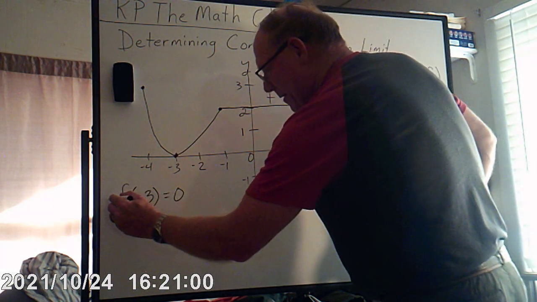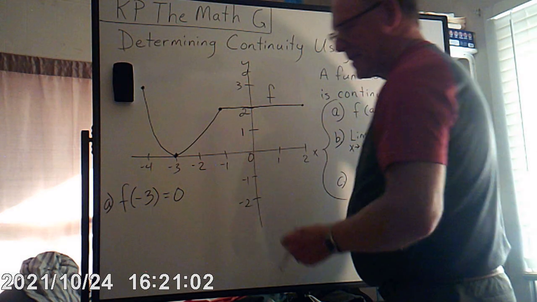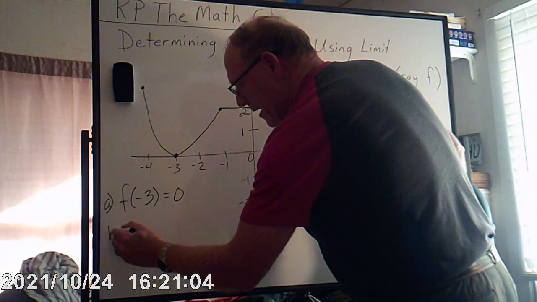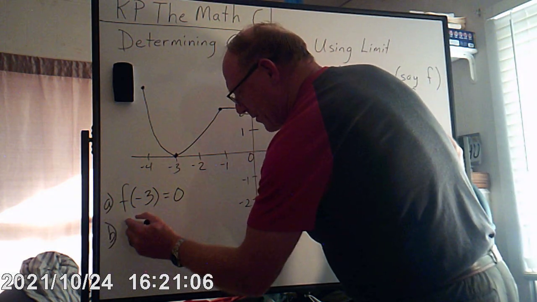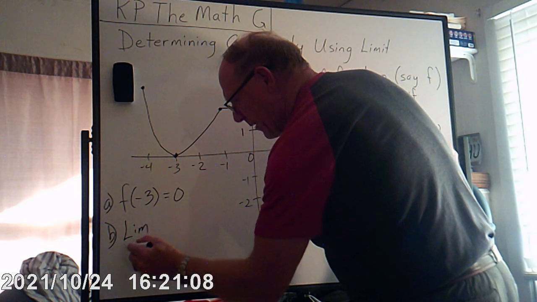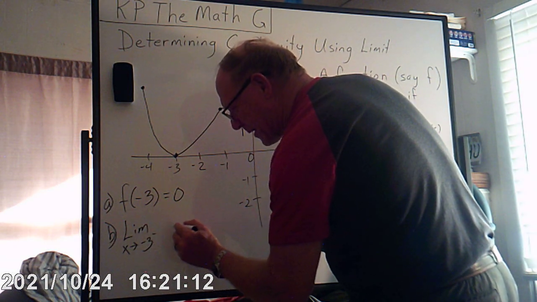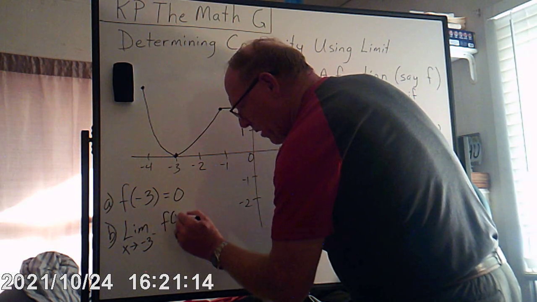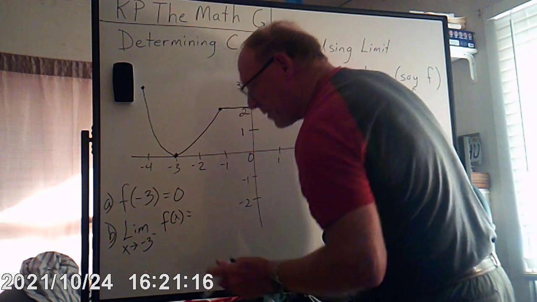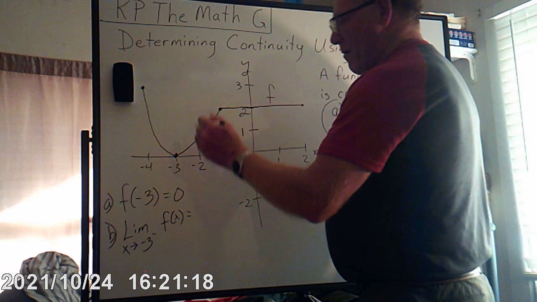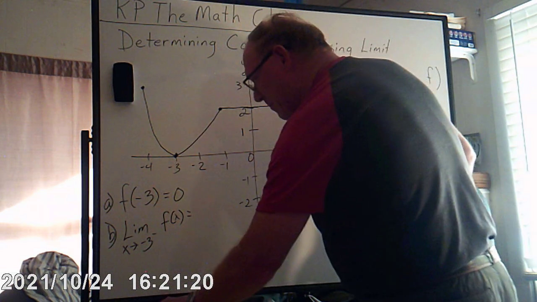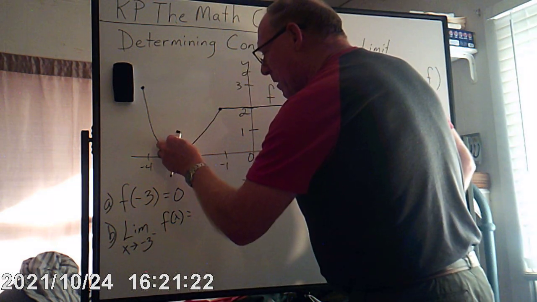So here we go. Part a, f at -3 does exist. Part b, let's look at the limit on the left side. The limit as x approaches -3. We did this last time from the left. We have to look at it from both sides. Remember from the left, remember we did this last time.